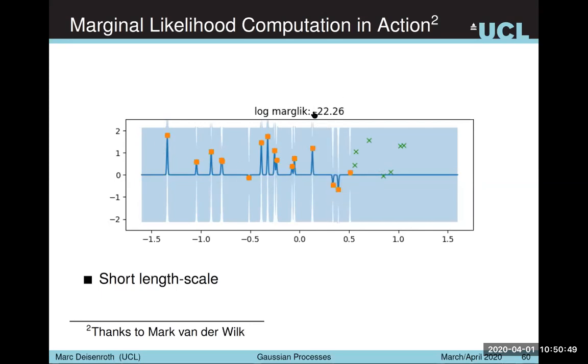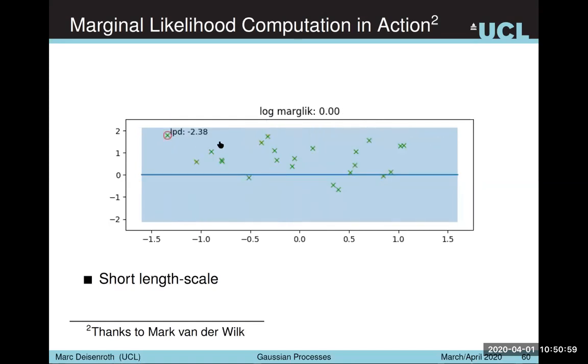And now we see how the log marginal likelihood evolves over time, and the log predictive density of this training point, given the previous points, is shown here. We just keep summing them up. And we can see that there's pretty much no generalization happening because the length scale is very short.